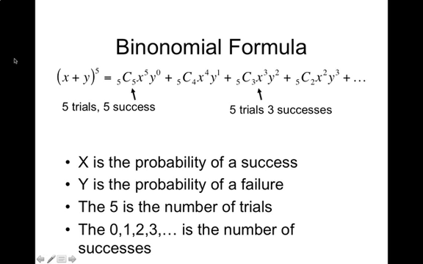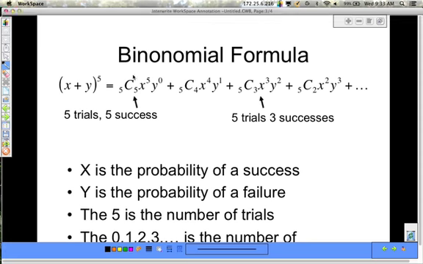So the way we set this up is we're going to use those ideas of the combinations, and we can find those numbers from our triangle if we don't want to use the combination key on our calculator. X is success, Y is failure, the number of trials is how we're choosing, and the one after that is the number of successes, okay?